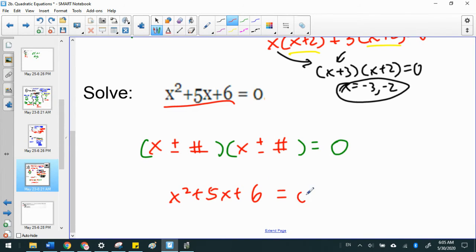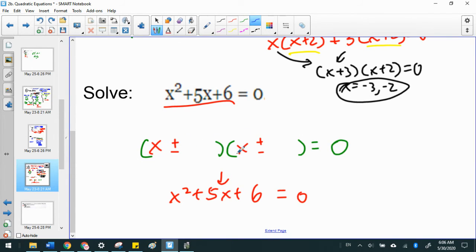And what you get to do is guess and check after you make some educated guesses. So first of all, we're going to need to decide signs. Our options are either 2 positives, 2 negatives, or 1 positive and 1 negative. So the thing to remember about multiplying binomials and distributing them is that the leading terms need to multiply into the first term, so that's why we have x and x.